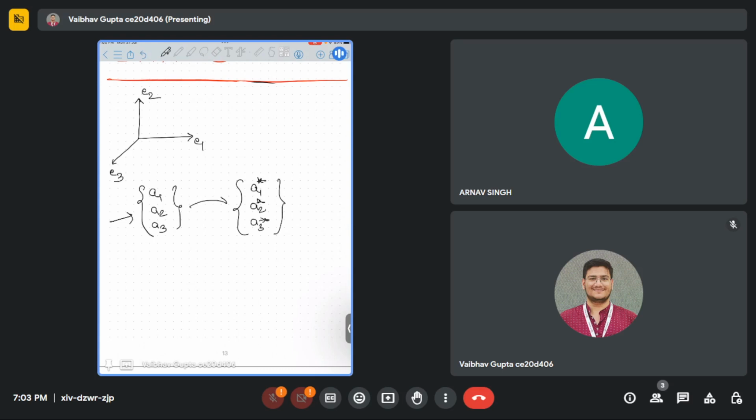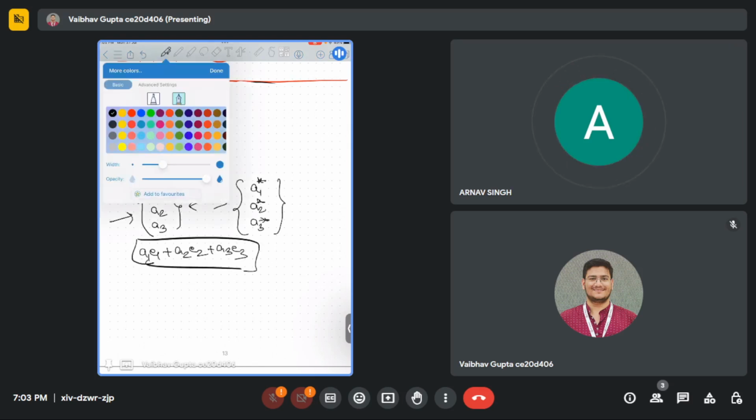But how to relate these two things is what we have to understand. We are following this Cartesian system, so for this particular point the vector is a1 e1 plus a2 e2 plus a3 e3.